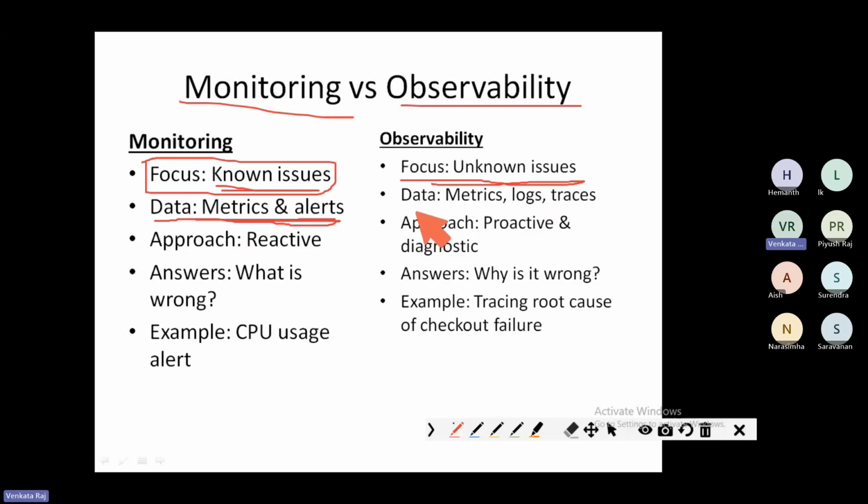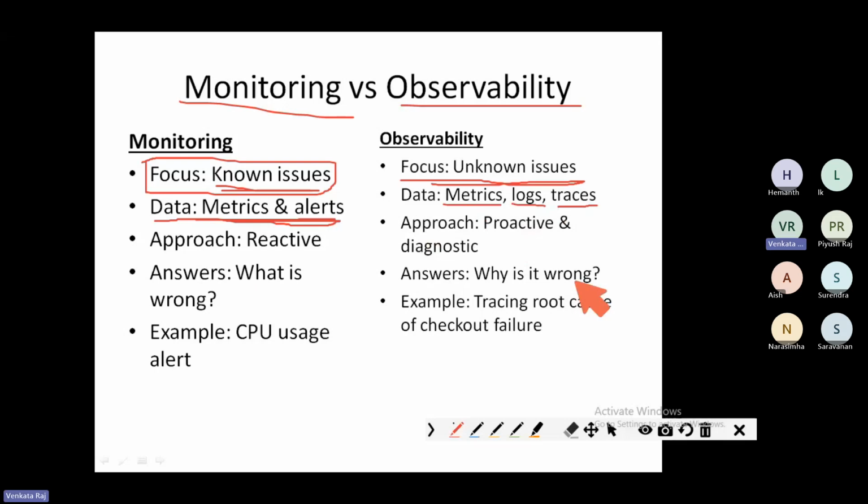We look into metrics, we look into logs, and we look into traces. Clear, everyone? Now, metrics can be different metrics, like the application metrics, or your server metrics. We'll see that, okay? For example, guys, response time or throughput, that is a metric, right?